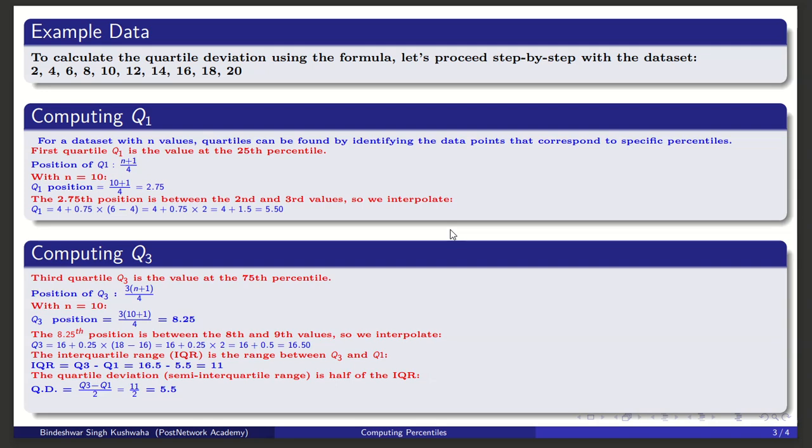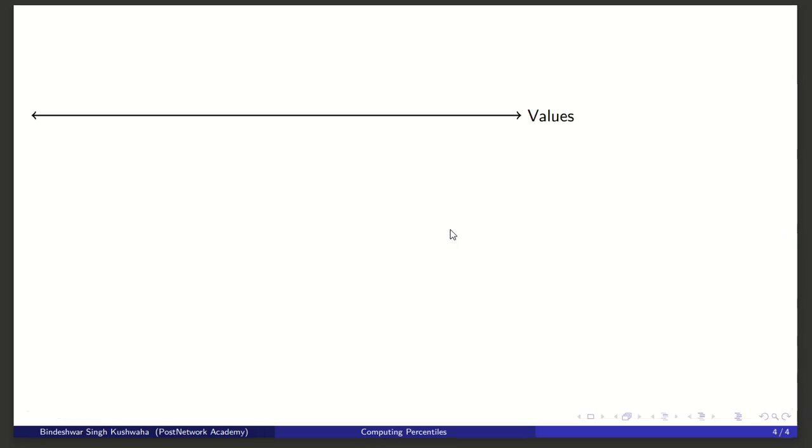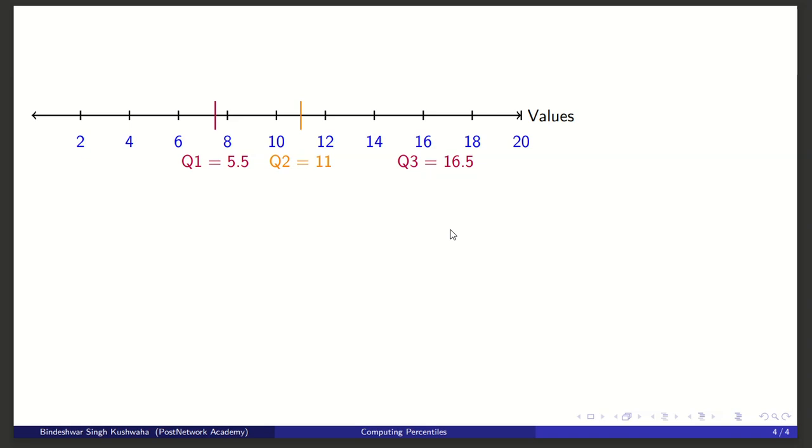Now let us visualize. Here this is a number line and all the data points I have plotted. Here Q1 is 5.5 and you can see the position. And here Q2, that means median, is 11. And Q3 is 16.5.